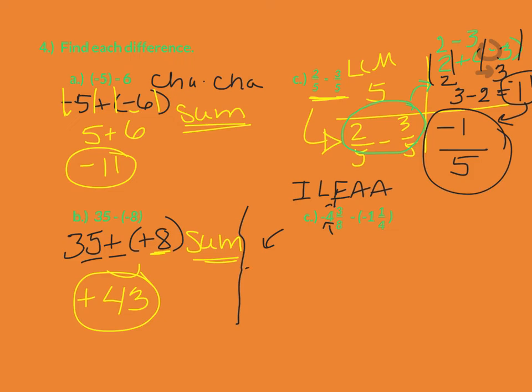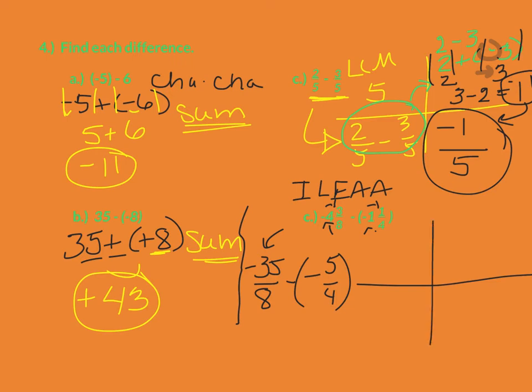So I'm going to have negative 35 eighths minus negative 4 times 1 is 4, plus 1 more is 5/4. Okay, I get to continue on with my loving to eat apples and avocados.